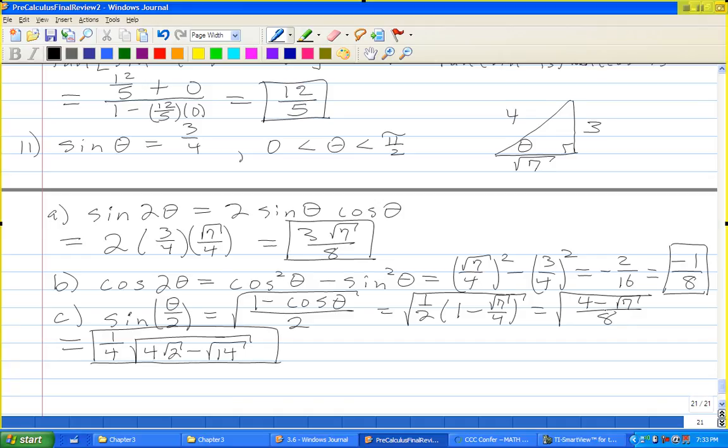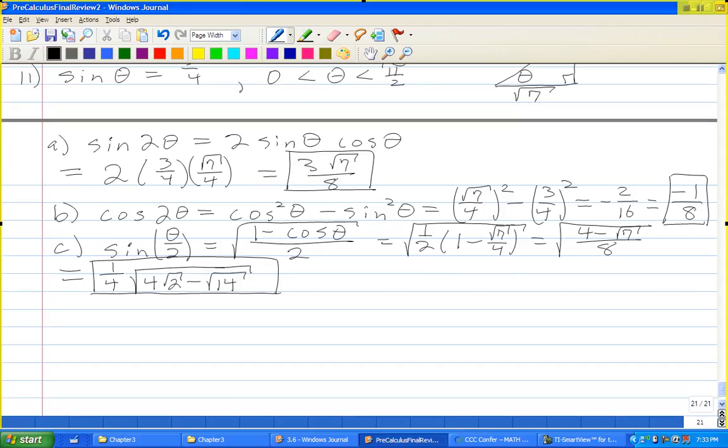You have to multiply and divide by rad 2 to rationalize your denominator. Doesn't look that good, but okay, that's your answer. D.